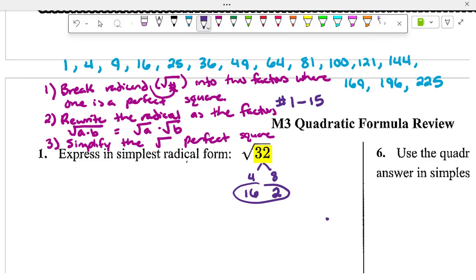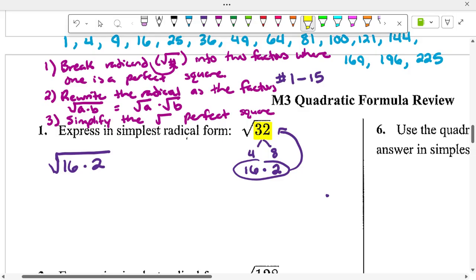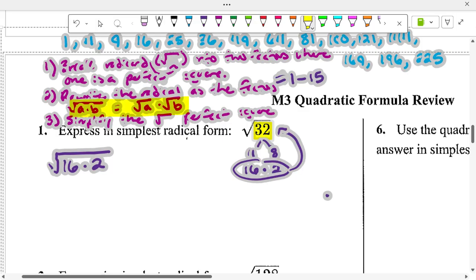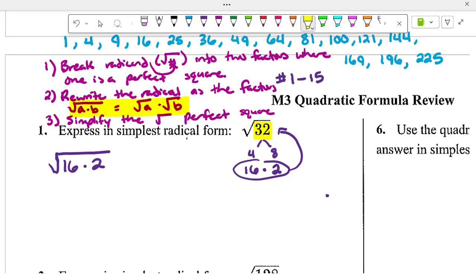So what I'm going to do is rewrite this 32 using 16 times 2. So this will be the square root of 16 times 2. My rule of thumb is I usually always put the perfect square first. You don't have to, but it's easier to see. Then, right here, I said that we can rewrite a radical like this as two different radicals.